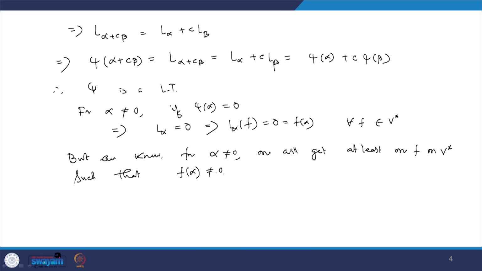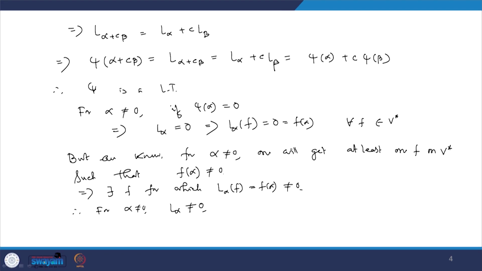So, based on that, this implies there exists f for which L alpha f equal to f of alpha not equal to 0. This implies that for alpha not equal to 0, L alpha cannot be equal to 0.